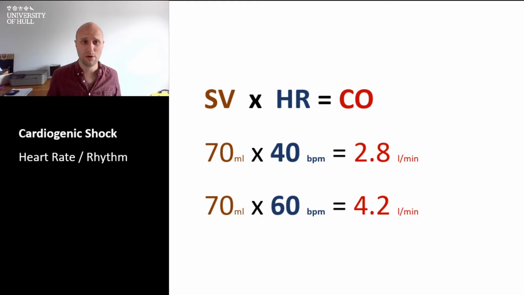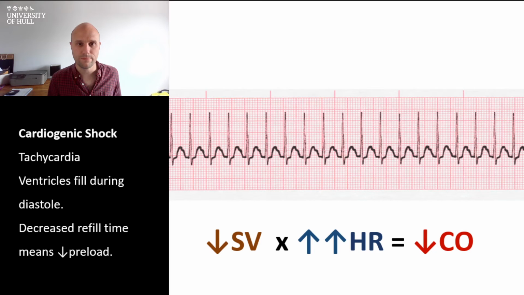And we can get bradycardias for reasons to do with ischemia of the areas of the heart that are involved in conduction, and also arrhythmias that may occur. Maybe you get heart block, and some drugs such as digoxin can cause a very slow heart rate that actually leads to a cardiogenic shock.